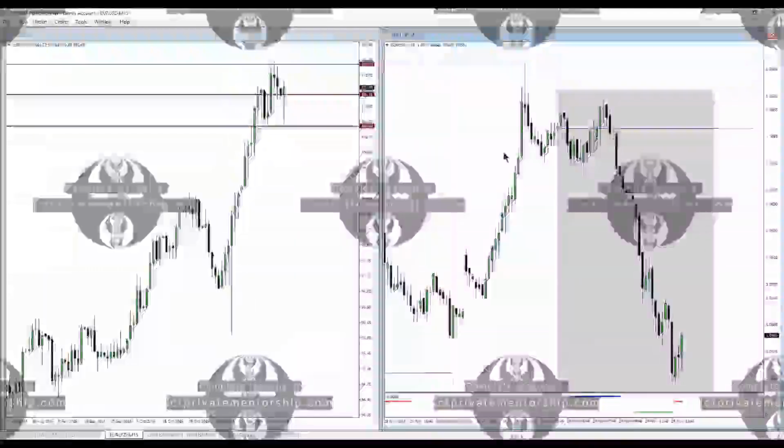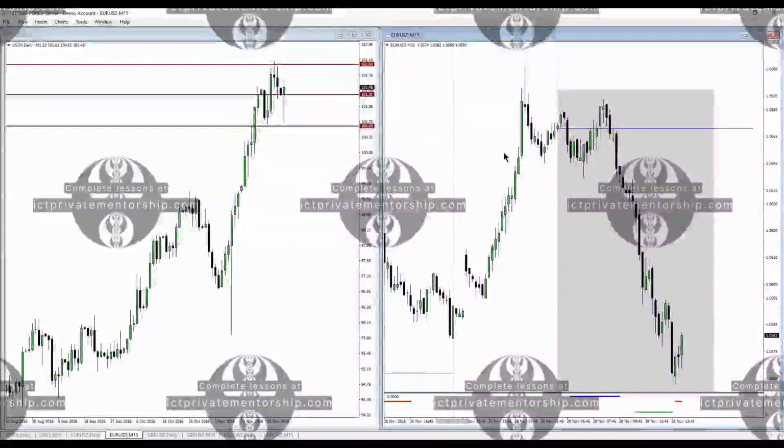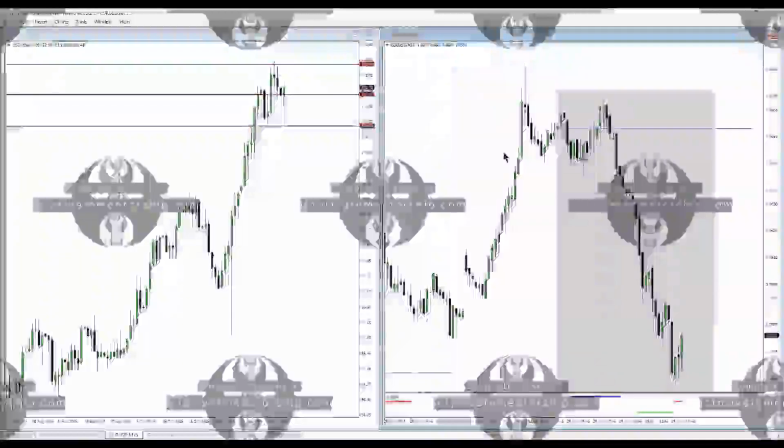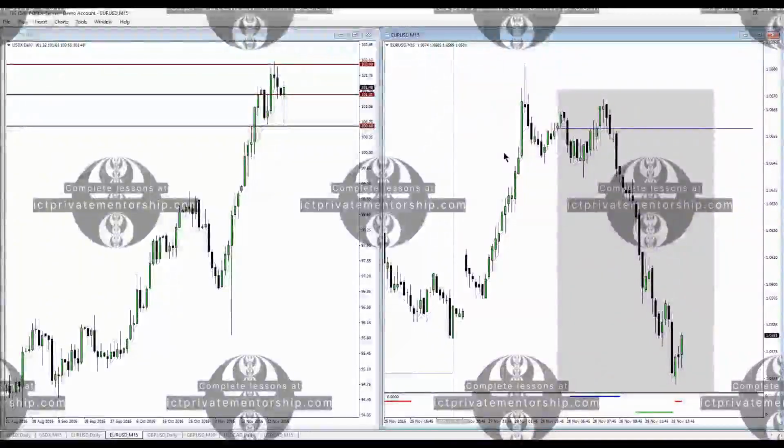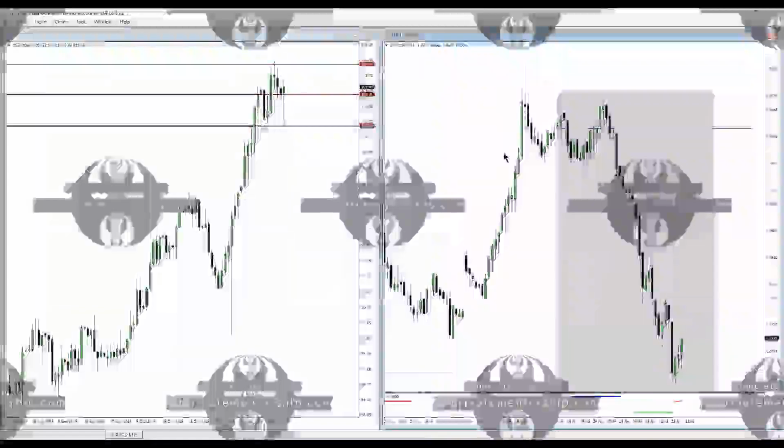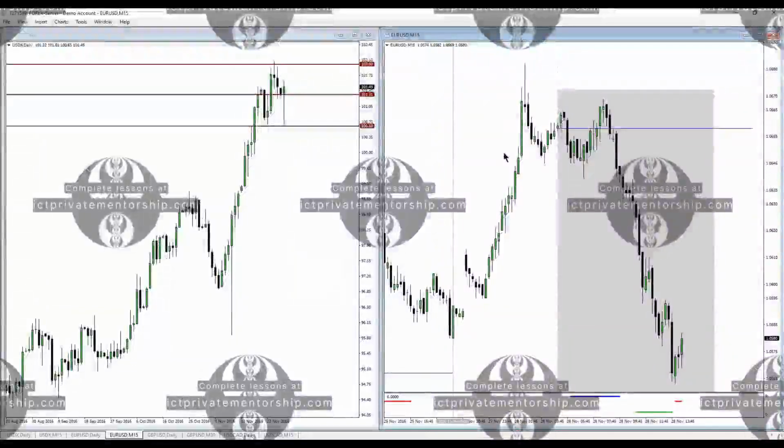I'm usually out. 90% of my move is made between London and 10 o'clock in the morning New York time. I've either banked that much of the daily range or my position, and I have such an insignificant amount left on the trade, and I leave it on there to see what I can get past 11 o'clock.